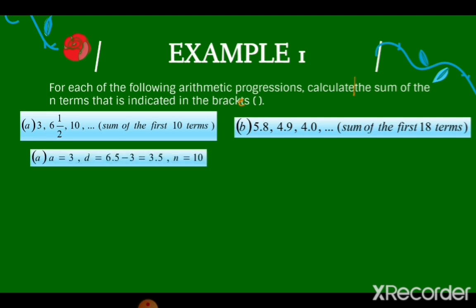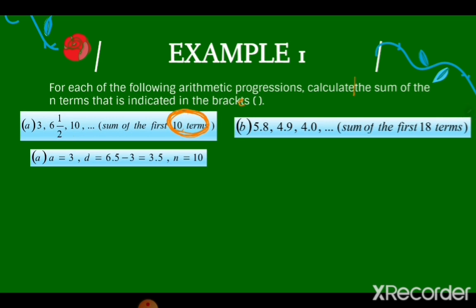From here we can see that the first term is 3 and the second term is 3.5. So n equals 10 is the number of terms. The 10 does not represent this one; this one is the third term. But n equals 10 defines that we have 10 terms, the sum of the 10 terms.